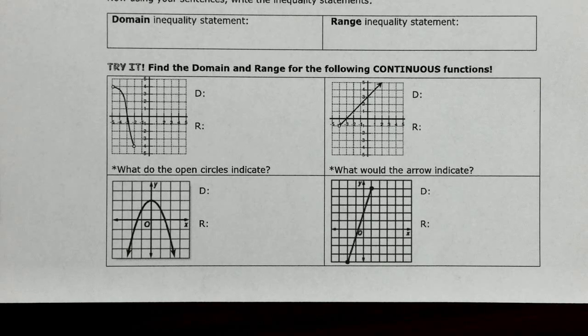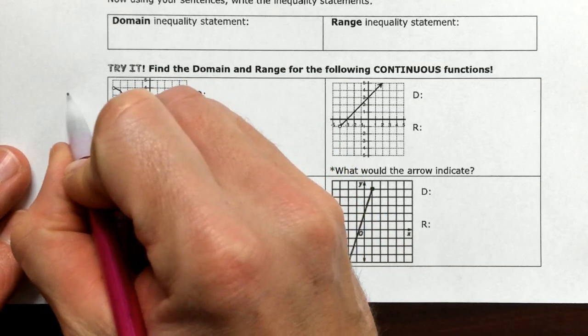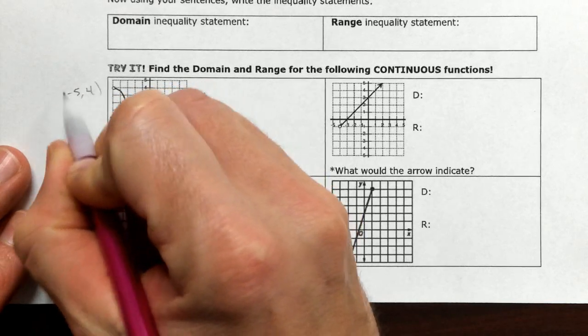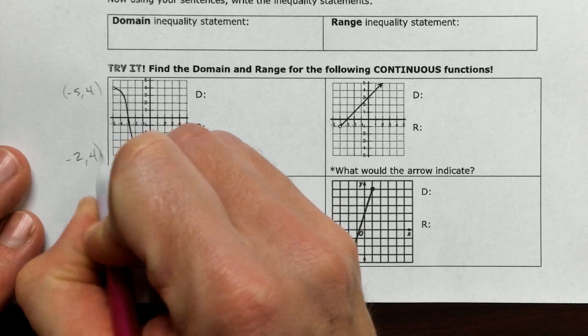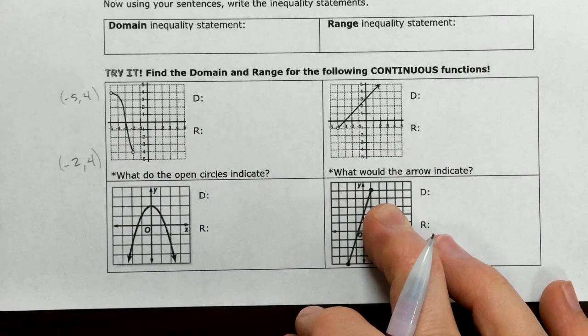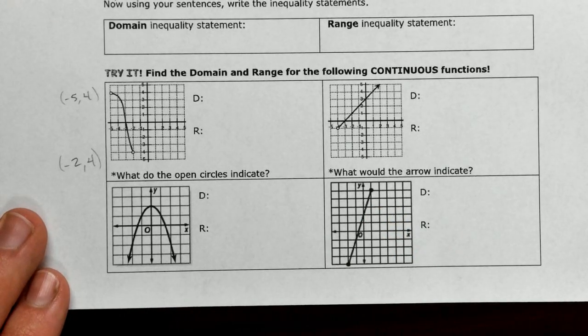Graham, you there? All right, Graham, let me give you these 2 points. This point is at negative 5, 4. This point is at negative 2, 4. Graham, I want you to help me write my domain for the first one. Your domain, negative 5. Okay?